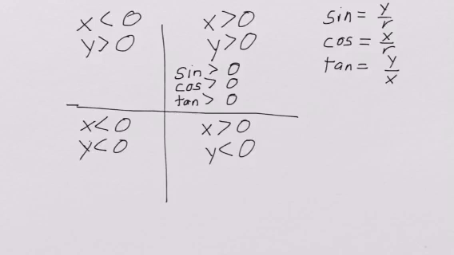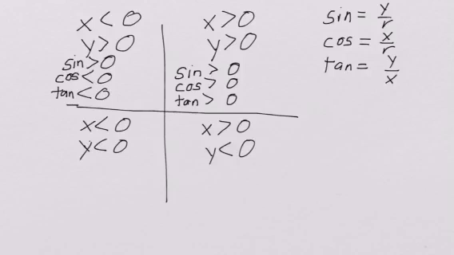Now in the second quadrant, things are a little bit different. Y is still positive, so y over r is going to be a positive number divided by a positive number. So the sine is still greater than 0. However, for cosine and tangent, you're dividing a negative number by a positive number. So those will both be negative.